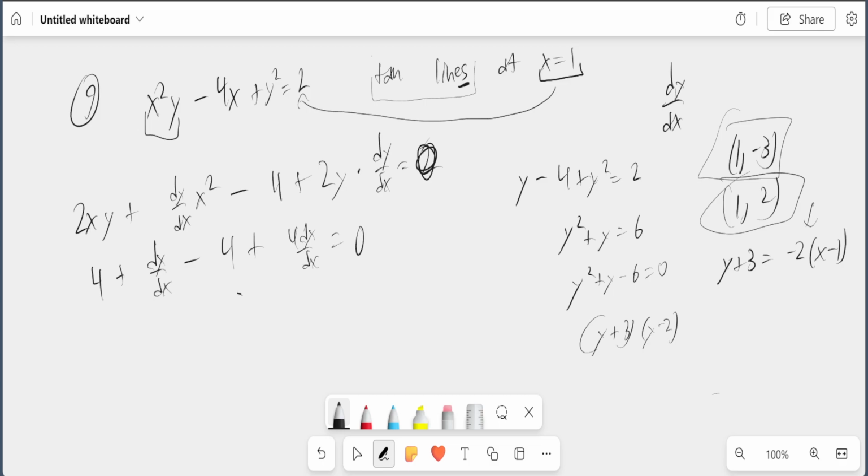I'm going to keep the dy/dx's on this side just because they're positive already. Oh, and those cancel out, so it's just 0. So dy/dx is actually equal to 0 there, I think. So y is equal to the y value here, 2. That's the slope of 0. So those are your 2 answers, I think. I'm not sure though. I think you're correct. Yeah, that's right. Okay, and number 10.